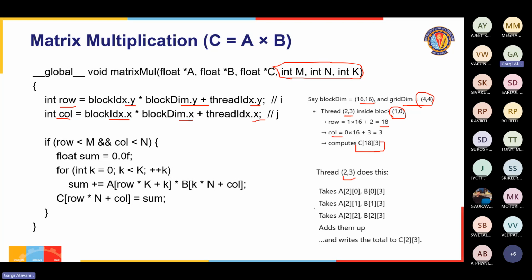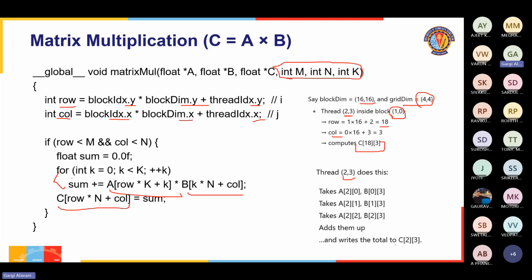Each thread will then take elements based on A and B. For example, thread 2,3 might take A of 2,0 and B of 0,3, A of 2,1 and B of 1,3, and A of 2,2 and B of 2,3, and over this for loop add them and then assign this sum to C of row into N plus column.